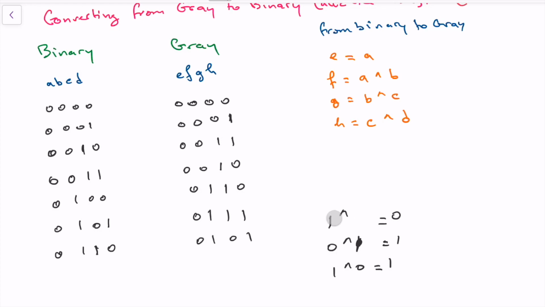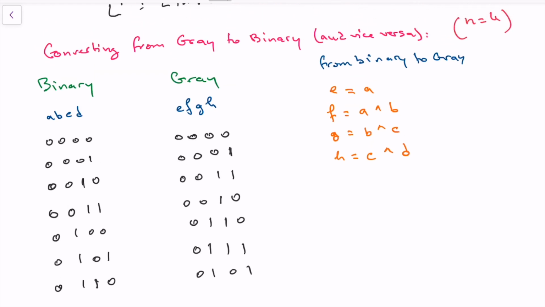And so here we are doing the conversion bit by bit, right? To get the bit at the same position for the gray code as the one in the first position for the binary, E here is just A, so it's just the first bit in binary, it doesn't change. The second one, which is F, is just A and B, XORing these two values together.